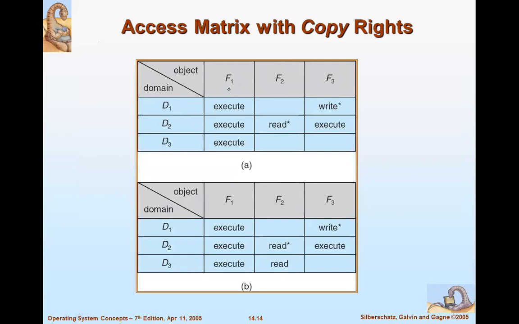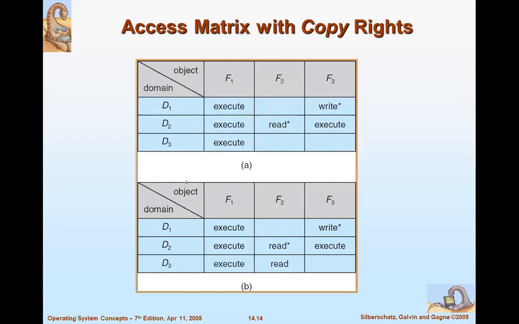With F1, you can have access to execute operations. F1 object has access in all domains, while in F2, you have only the read operation in domain 2. While for object F3, you have the read and you have the write operation.